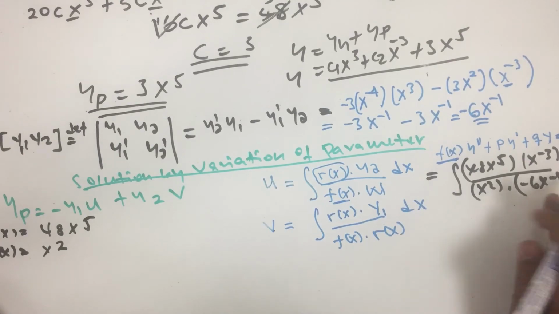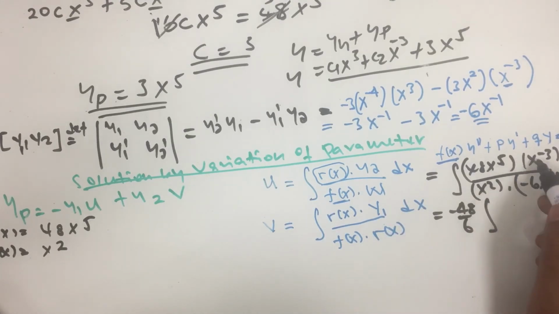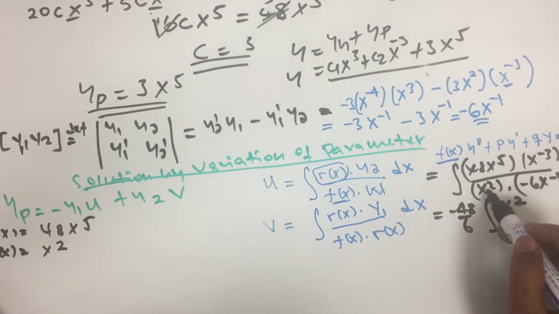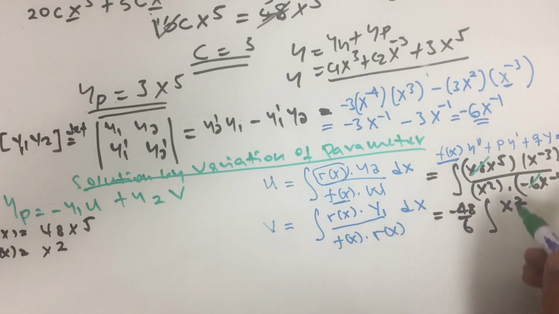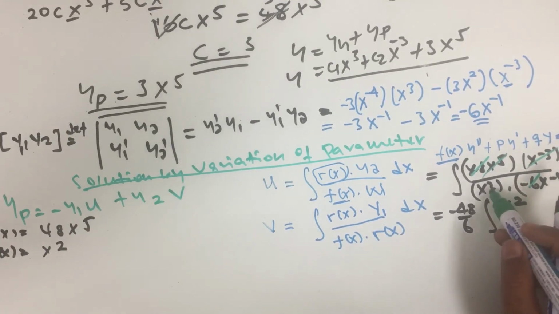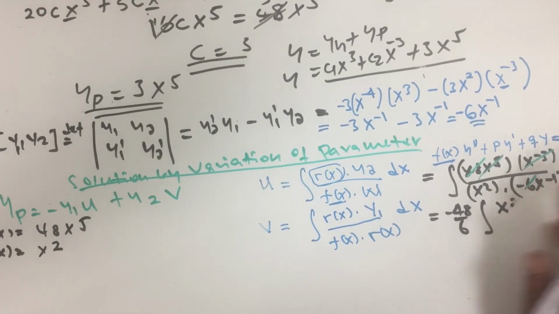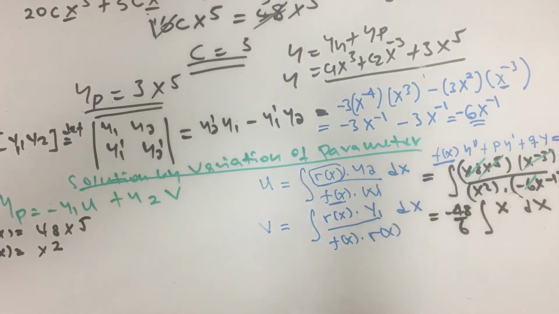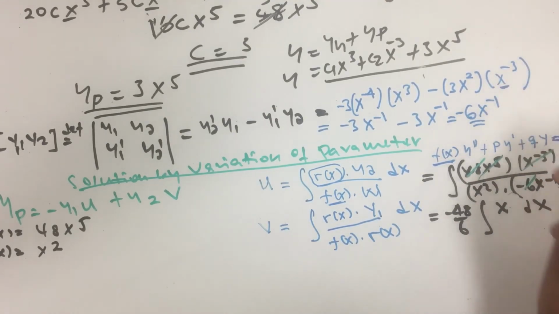Look, we have 48, we have minus 6, which are constants, so minus 48 over 6 integration of x to the power of 5 times x to the power of minus 2, which is x squared, times x to the power of minus 1. Since x squared times x to the power of minus 1 means 2 minus 1, which is 1, so you have x here with respect to x.